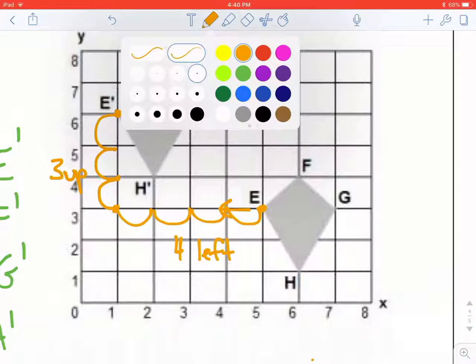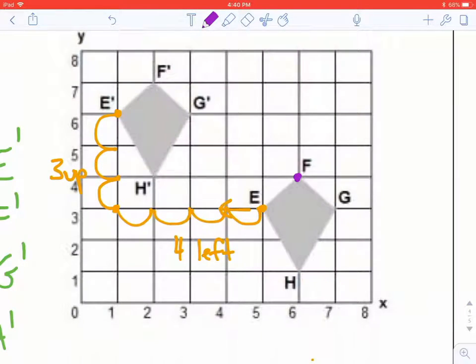Let's just check another point on the graph. So let's try F. Let's see if it's the same thing. So if I go left again, 1, 2, 3, 4 units, and then I've got to start going up from there. So 1, 2, 3 units up.